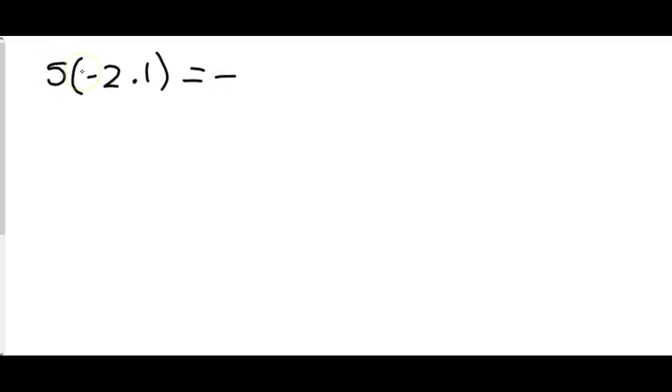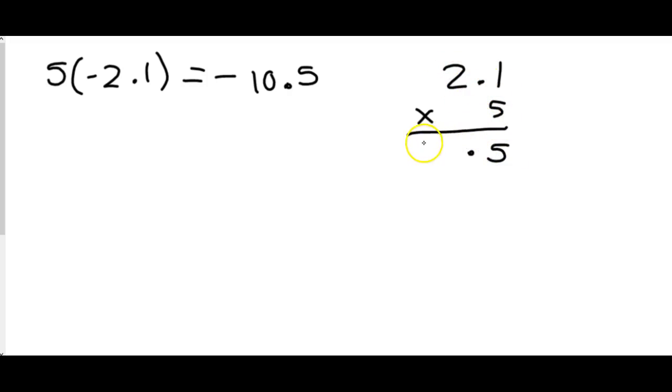Then we multiply. 5 times 2.1 is 10.5. You may use a calculator, or you may do it by hand. If we had 2.1 times 5, we have 5, we carry the decimal. 5 times 2 is 10, so that's where 10.5 comes from.